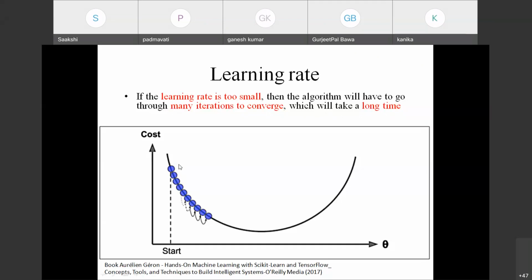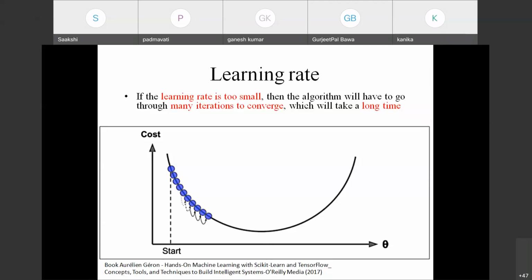Suppose I've started with this particular parameter value W, and if I change W very slightly, I'm checking how much my cost is going to reduce. If you're changing from 0.2 to 0.20001, we can easily say that to reach this particular point, it will take a maximum number of iterations.